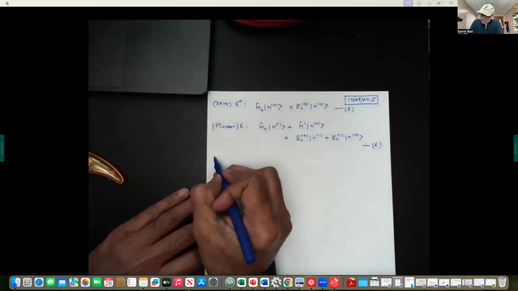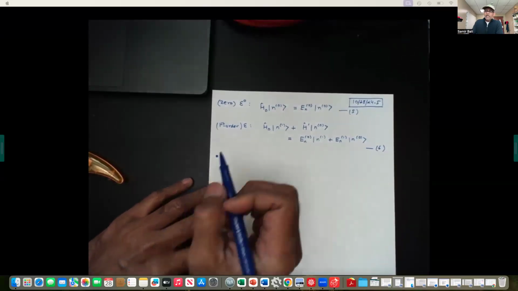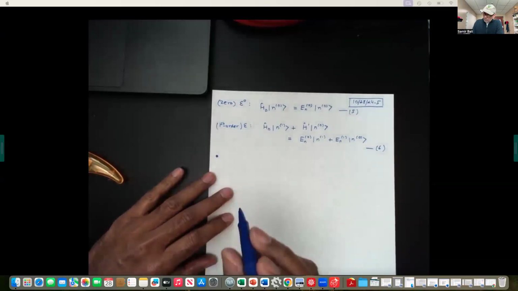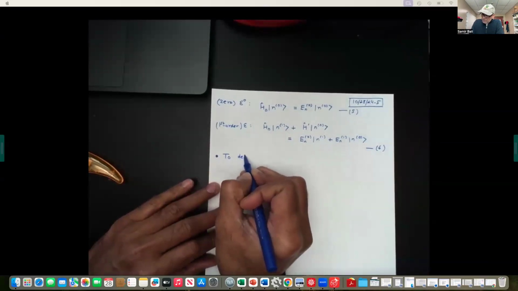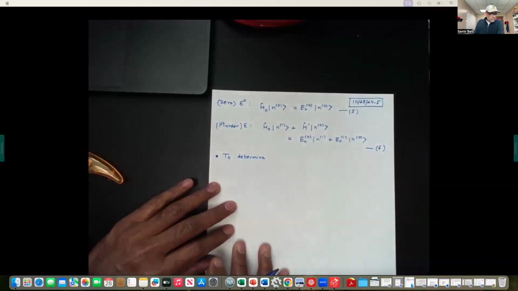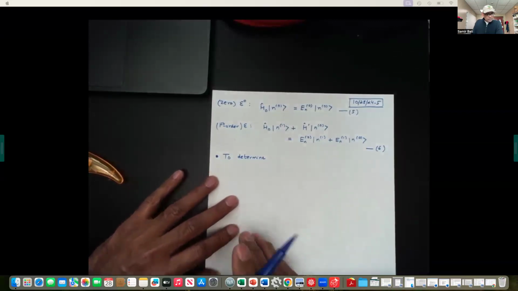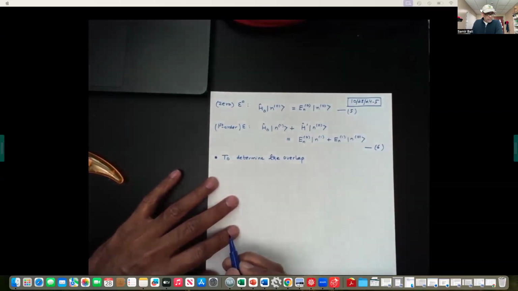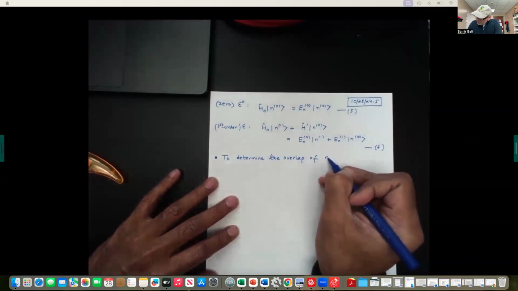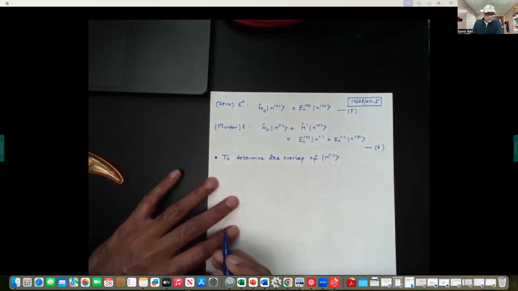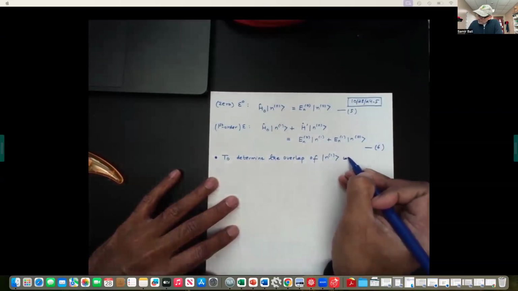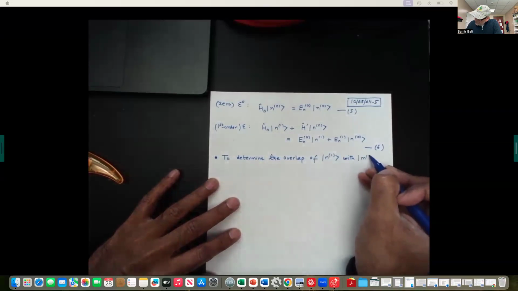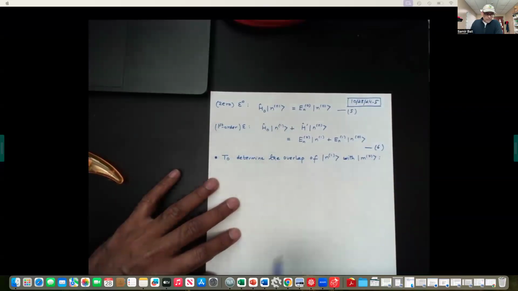Now, for my next calculations, I would need to determine the overlap of the first order correction to the wave function with the unperturbed state.